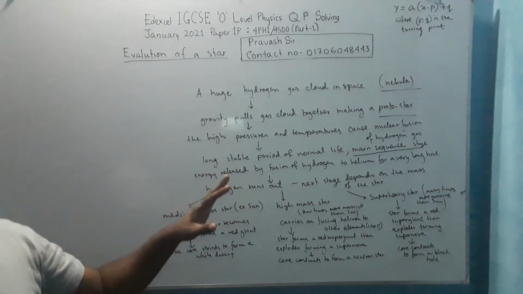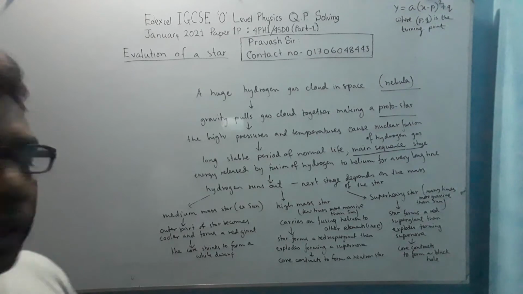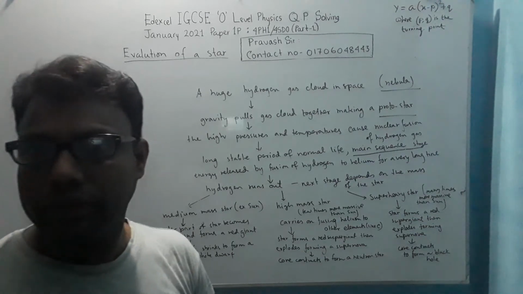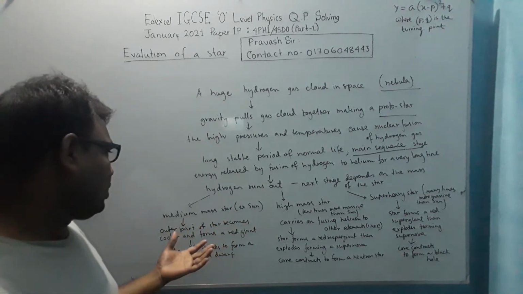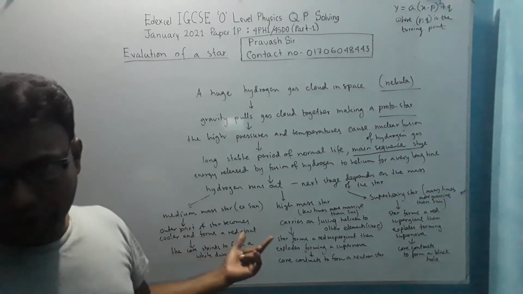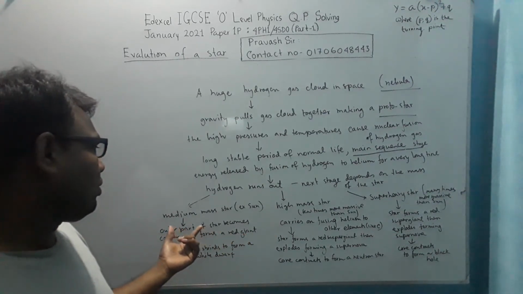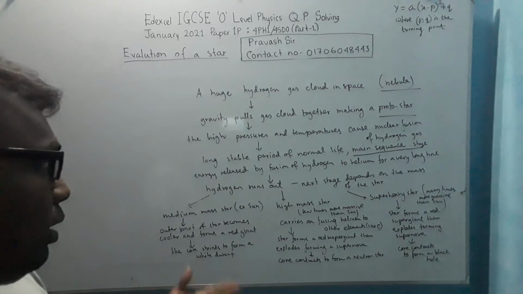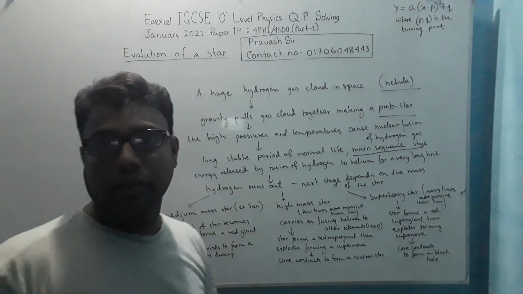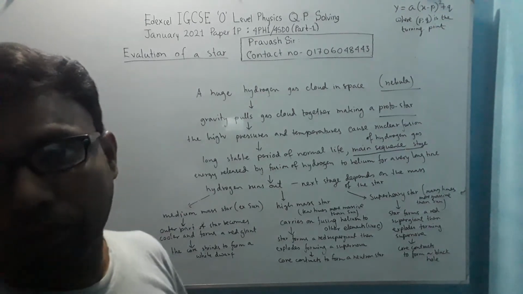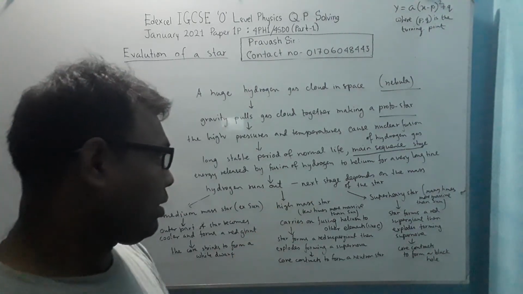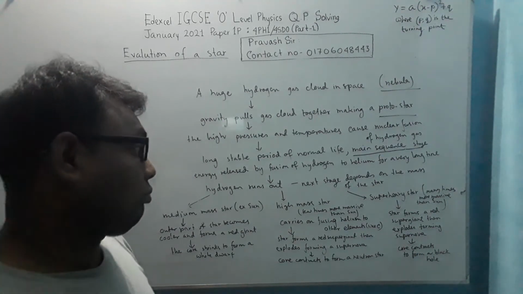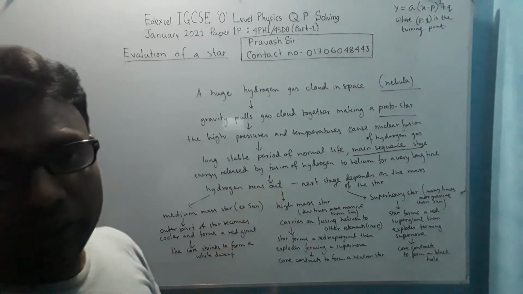Okay. So if we summarize, after the main sequence stage, the next stage of the star depends on its mass. The medium mass star forms a red giant after the main sequence, while the high mass star enters into a red supergiant after the main sequence, and even the super heavy star enters the red supergiant stage after the main sequence stage.